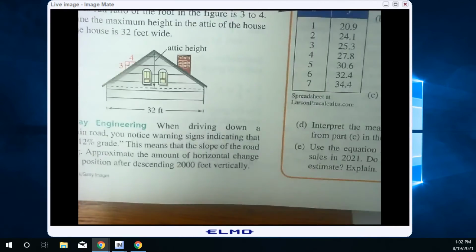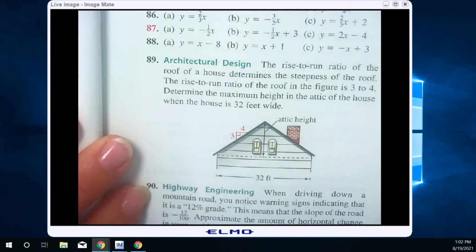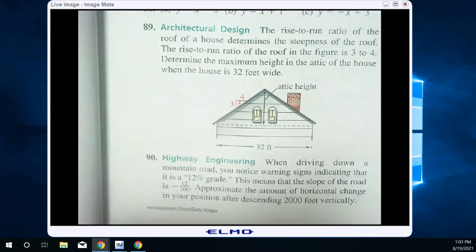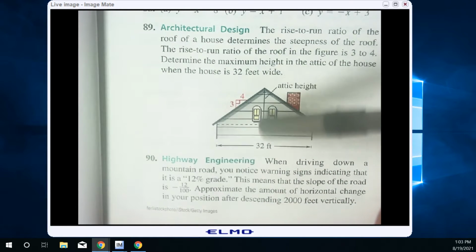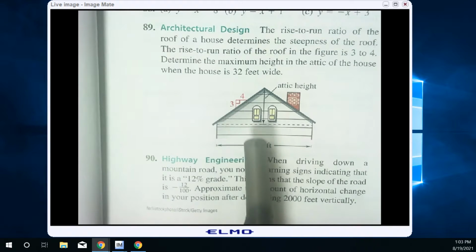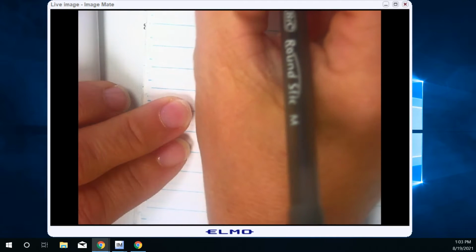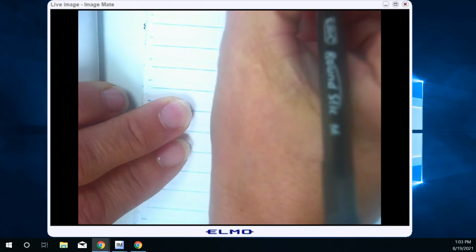If you have a slope that is rise to run, 3 to 4, and we are looking for this height here, what is this run here? The whole house is 32 feet wide. So we need half of it. So 16. So I could set up 3 to 4 is what to 16?